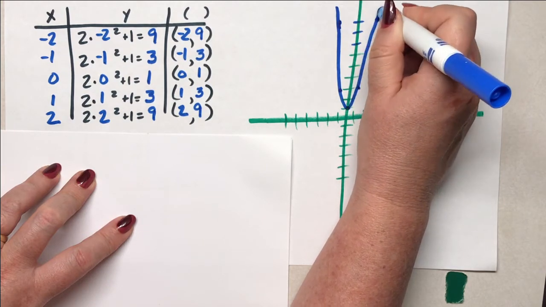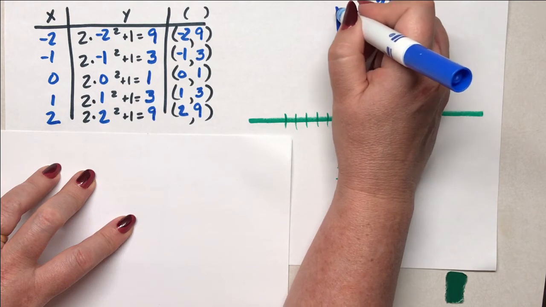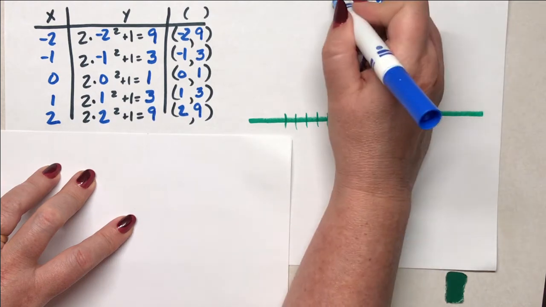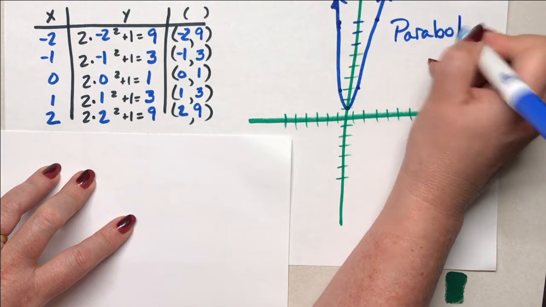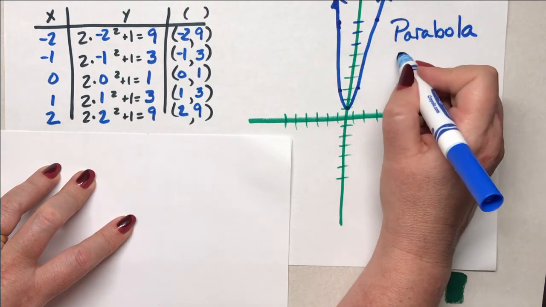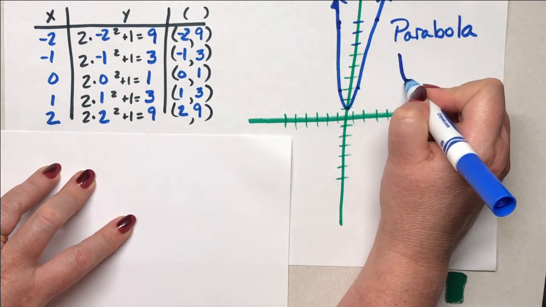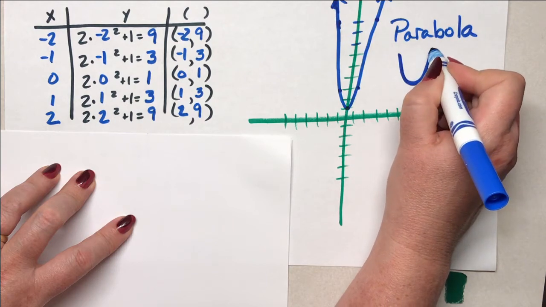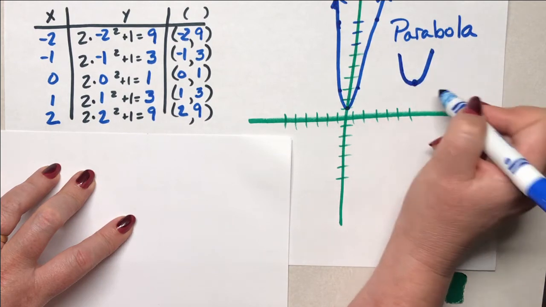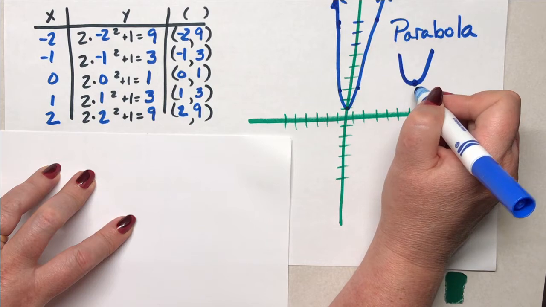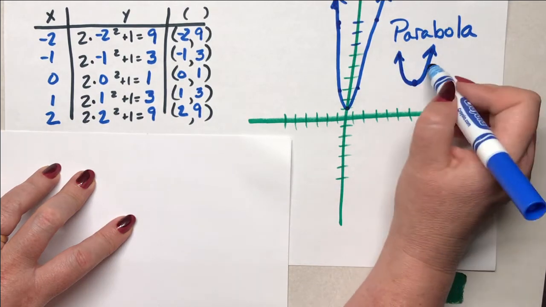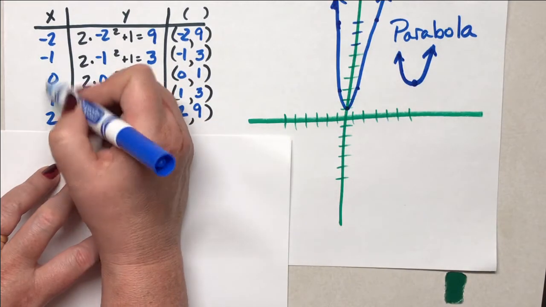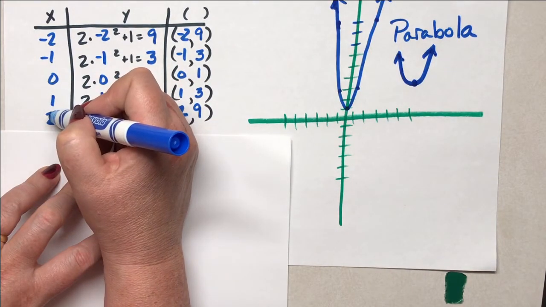Any x squared equation, not any, but x squared equations create a parabola. At the bottom is not a point, the bottom is a curve with a point as its lowest spot. And these go up for infinity in both directions, depending on how big your x gets.